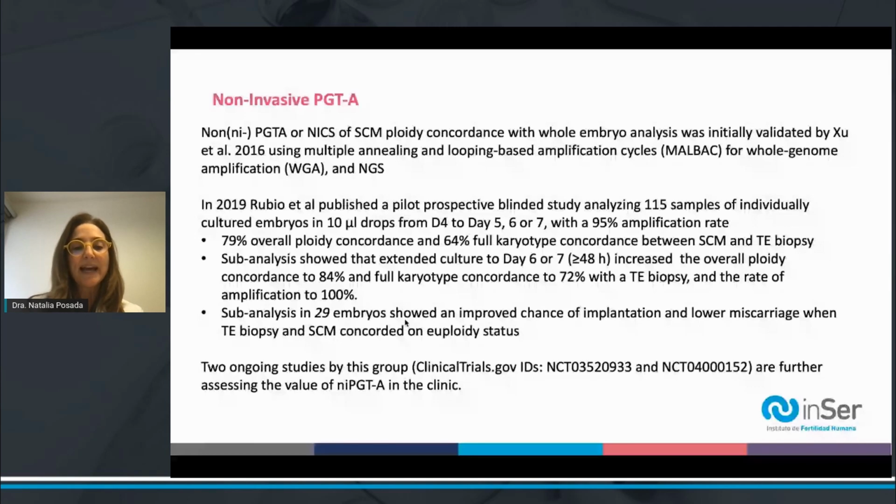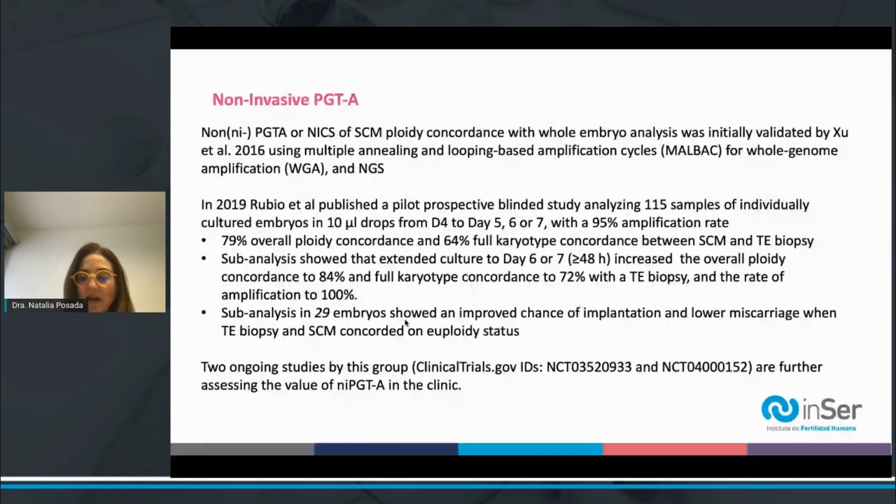However, sub-analysis showed that when the culture was extended to day 6 or 7, in other words, more than 48 hours, there was an increase in diploidy concordance to 84% and the amplification rate was 100%. Also, when there was a concordance between the results of the trophectoderm biopsy and the spent culture media, these embryos had an increased implantation rate with lower miscarriage rates.